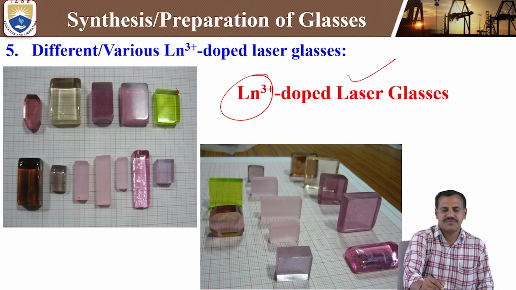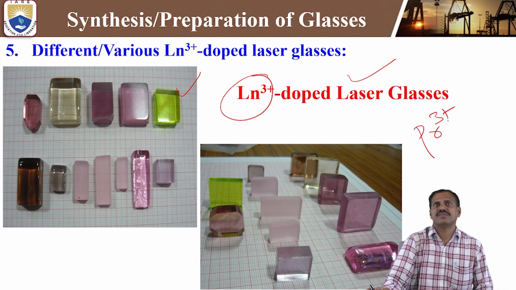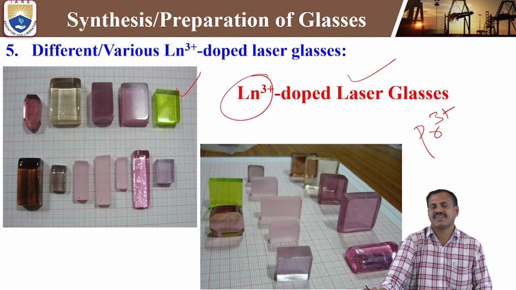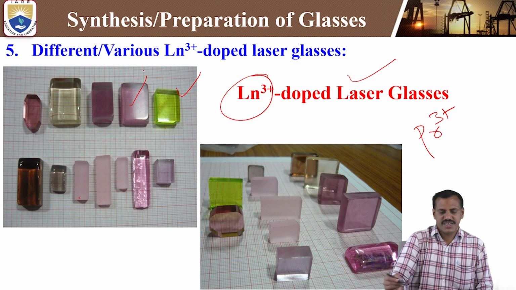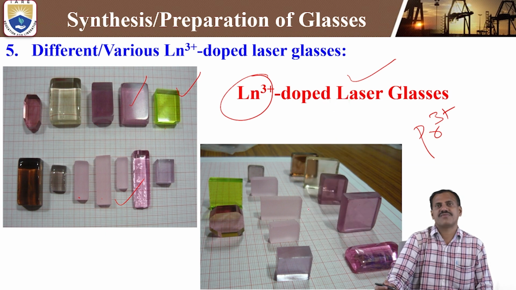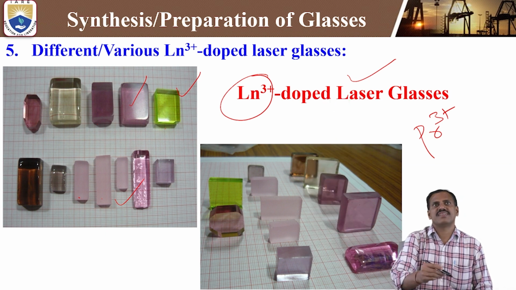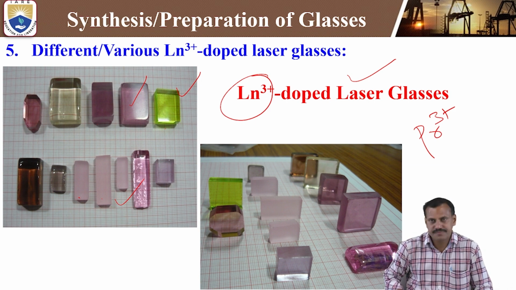In the case of praseodymium, Pr3+ ion doping, it exhibits green color. If you dope erbium or ytterbium, it exhibits this kind of color. Here samarium and dysprosium exhibit different colors too. These are the different types of lanthanide doped laser glass systems.